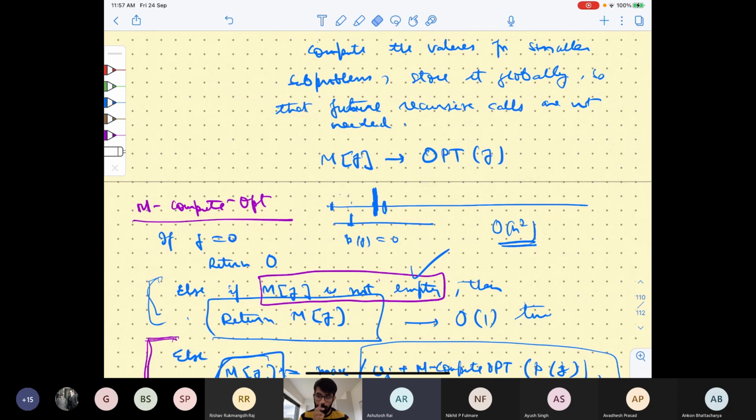It is definitely n square, but maybe it can be done faster, given the sorted arrays for both Si and Fi. Only from Fi, I think it will take order n square. But if we have both sorted, then I guess we can do it. I'll have to think about it, and maybe you can also think about it.